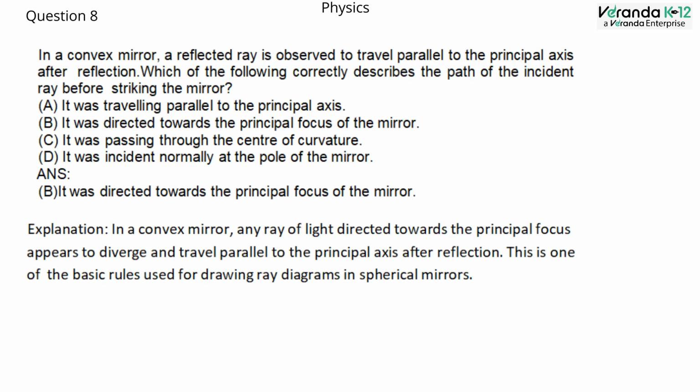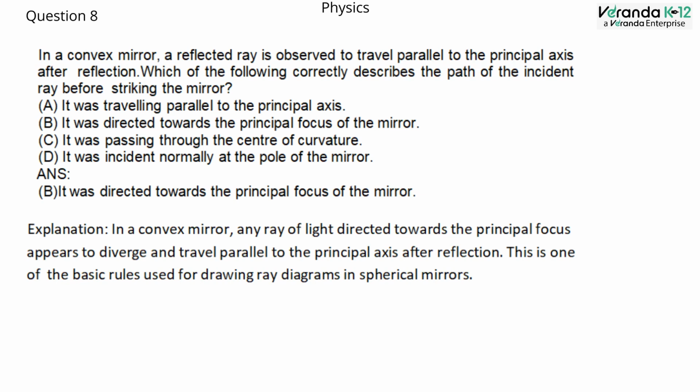Option B. It was directed towards the principal focus of the mirror. Option C. It was passing through the center of curvature. Option D. It was incident normally at the pole of the mirror. Correct answer: option B. It was directed towards the principal focus of the mirror.